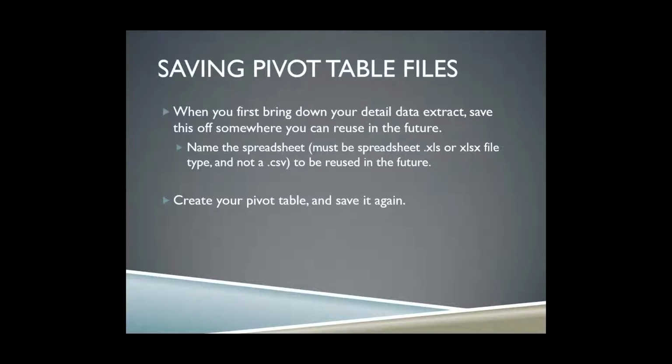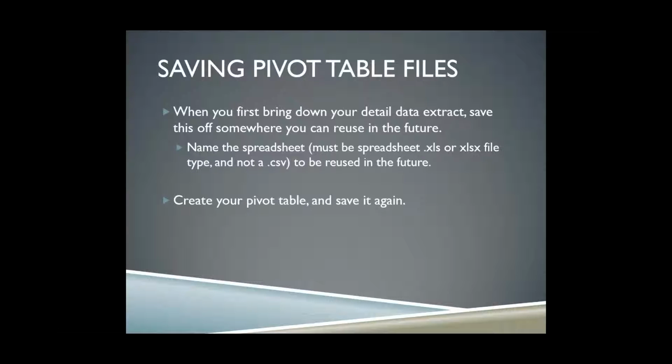Saving your pivot tables file. The first time you do it, you may start with an Excel spreadsheet if you do the Excel version of the detail extract, or if you start with the CSV version. In either case, once you get that data down the first time, you should save it as an Excel spreadsheet, whether as the type XLS or XLSX.